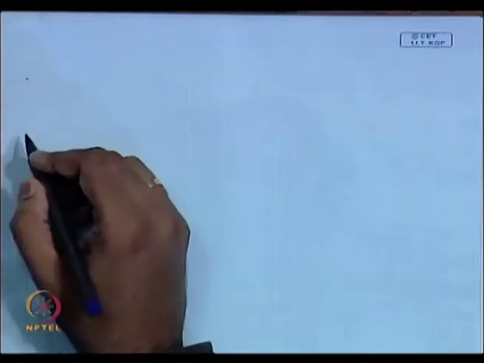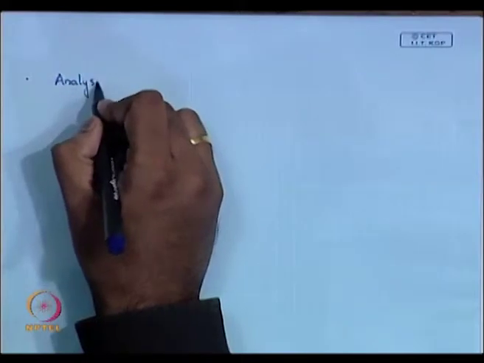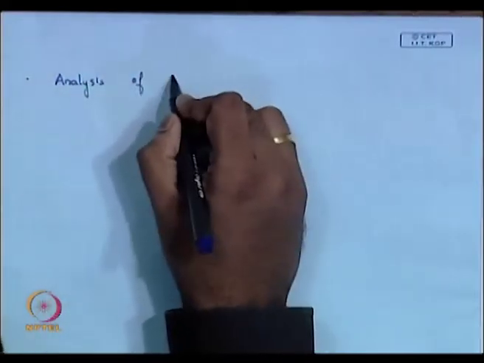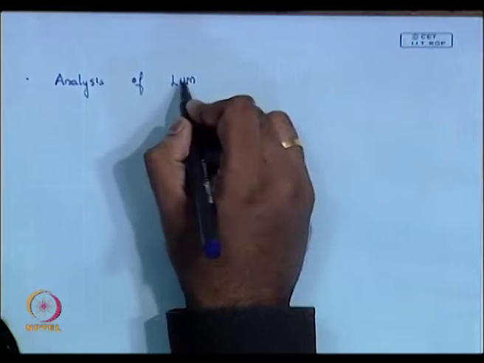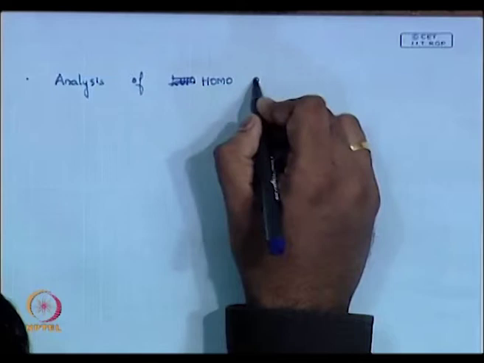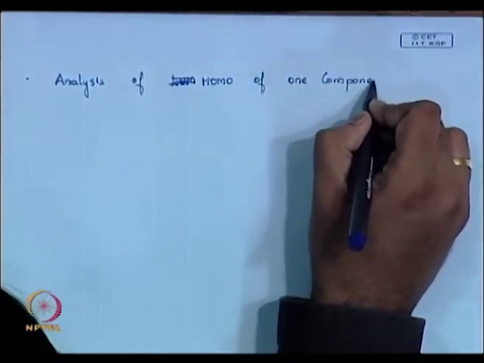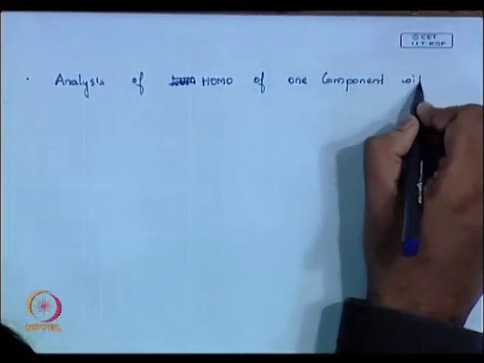So, what we are going to learn from this, what is it going to tell you? When you have pericyclic reactions, what does it tell you basically? When you want to analyze a pericyclic reaction, the first point is that you analyze the HOMO of one component with the LUMO of another component.